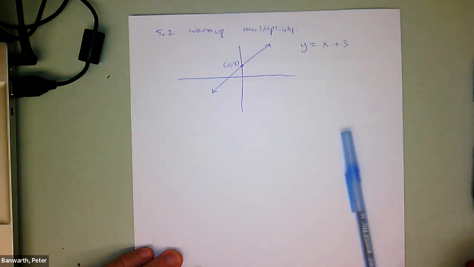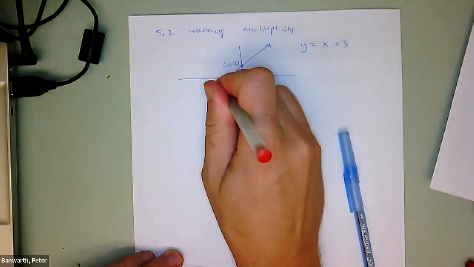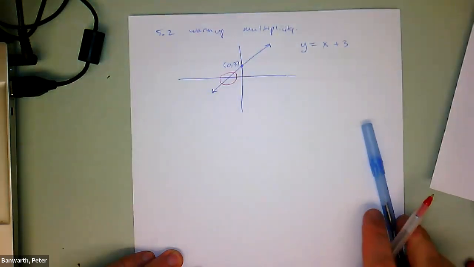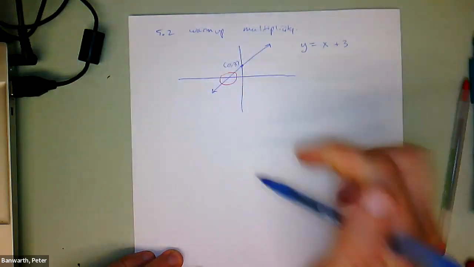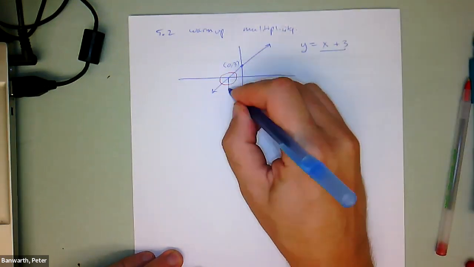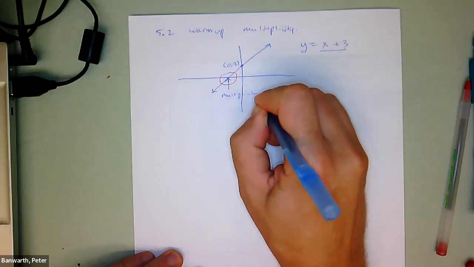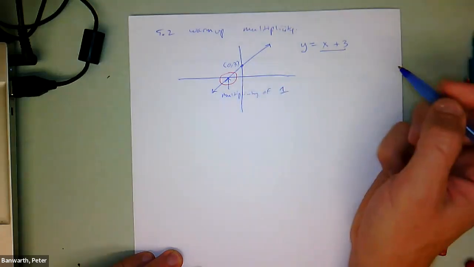All right, and even though I wrote the y-intercept down there to help me graph it, what we're going to focus on is this place right here where it crosses the x-axis. And we see that is linear because my function is linear. So this 0 has a multiplicity of 1.